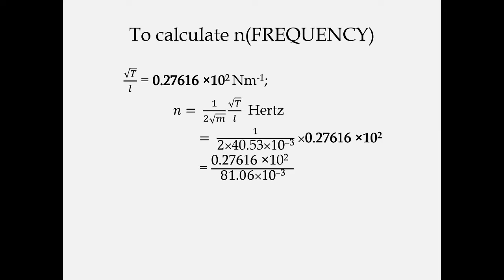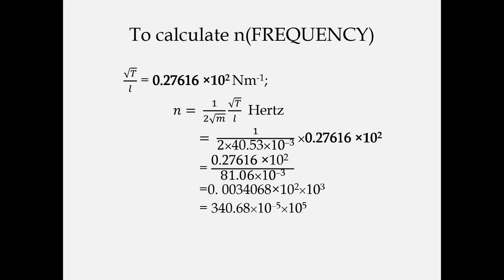So multiplying the denominator, we get 0.27616 into 10 power 2 divided by 81.06 into 10 power minus 3. When you divide the numerator and the denominator, we get 0.003468 into 10 power 2, and the 10 power minus 3 in the denominator goes to the numerator, so it becomes 10 power 3.